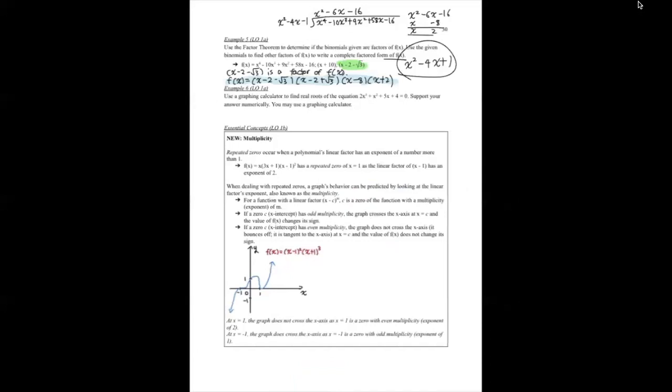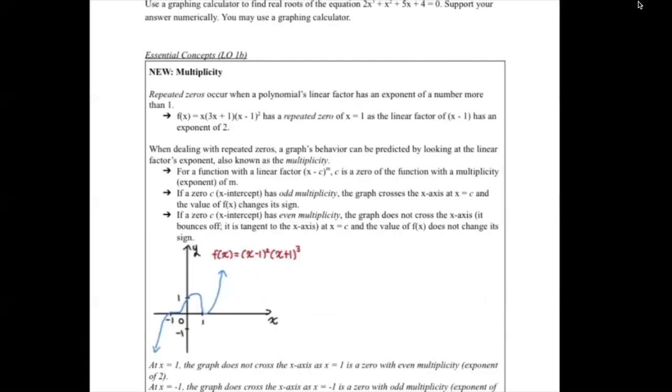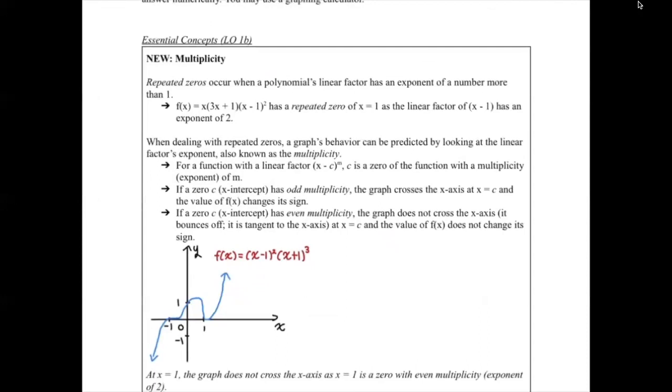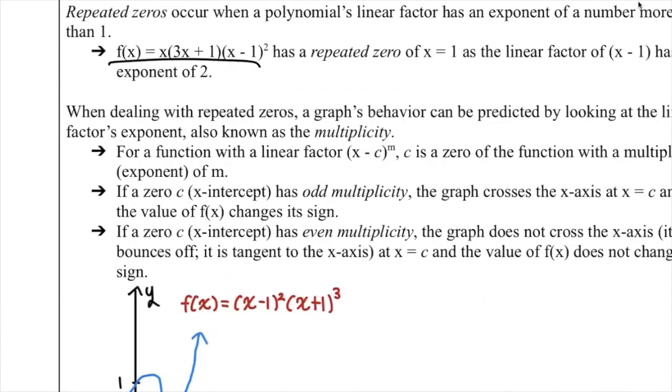Great. Now let's learn about the concept of multiplicity. First of all, repeated zeros occur when the polynomial's linear factor has an exponent of a number more than 1. For instance, in this polynomial, for the linear factor of x minus 1, the power of the linear factor is 2.